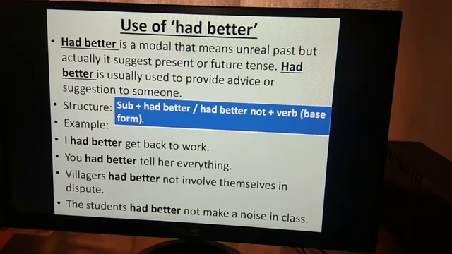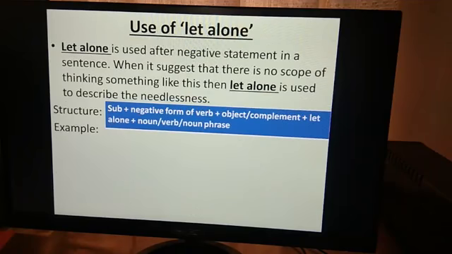Okay, dear students, according to the structure, it is clear to you. Let alone. Use of another very usable phrase, that is let alone. Let alone is used after a negative statement.